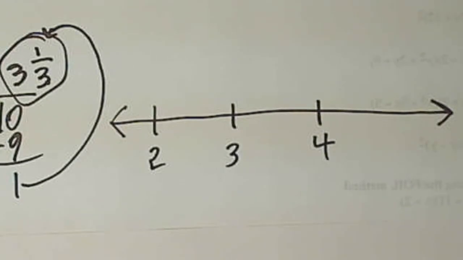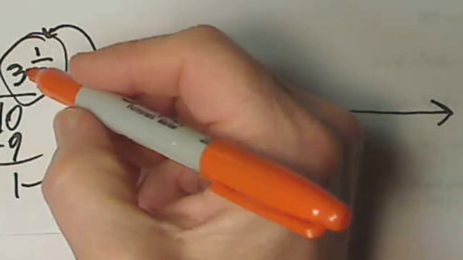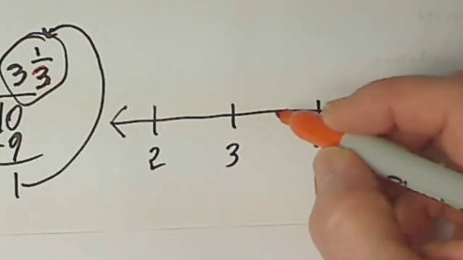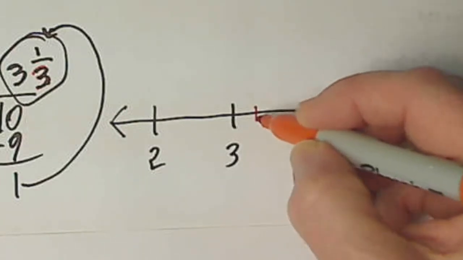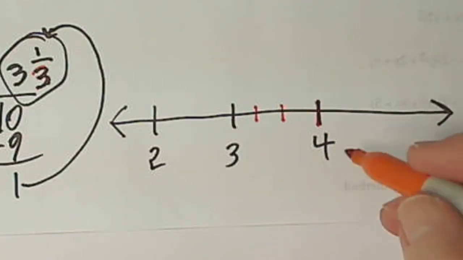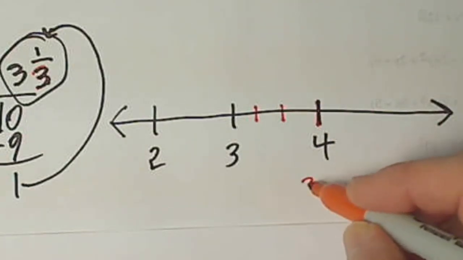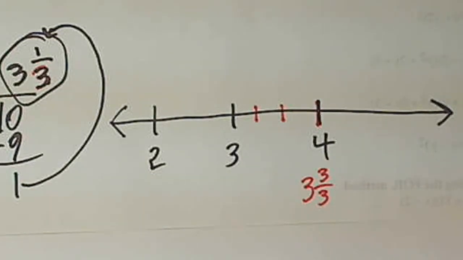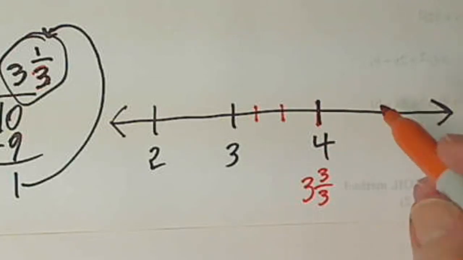And this tells you how many places you have to divide it up into. It's divided up into thirds. So between the 3 and the 4, that's 1/3, 2/3, 3/3. Okay. 3 and 3/3 is the same as 4. So that should make sense that I landed there.